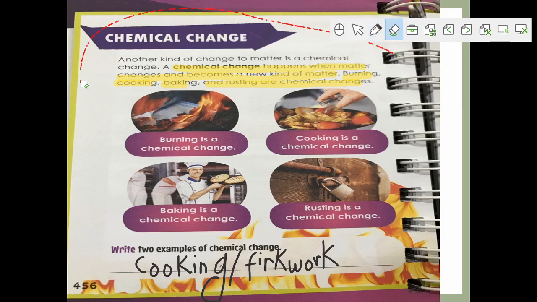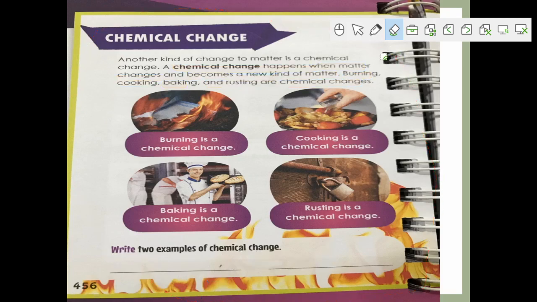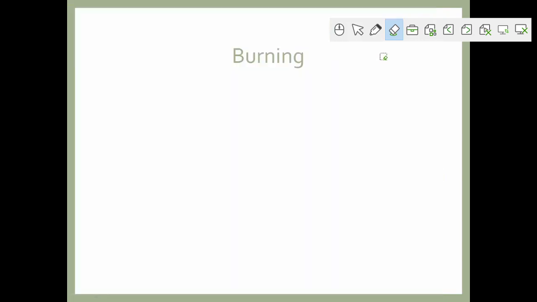Chemical change happens when matter changes and becomes a new kind of matter. We will talk now about the burning. Burning is an example of chemical change.